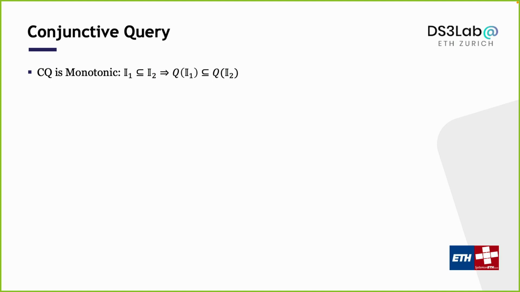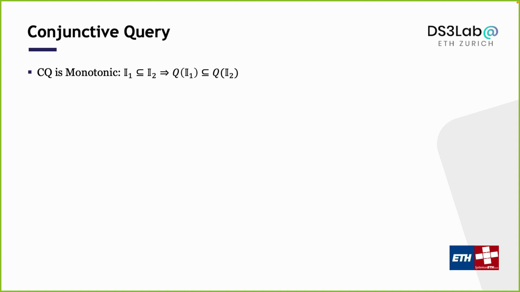So, there are also other interesting properties about conjunctive query, also interesting about all the select-from-where queries you are going to write in the next lecture in SQL in practice. Conjunctive query is monotonic. Okay? That's another property that's interesting. What do I mean by that? Essentially, if you give me two databases, I1 and I2, if I1 is a subset of I2, meaning that in the second database I only have more tuples, I have a superset in my second database.